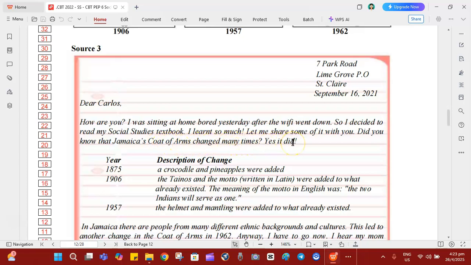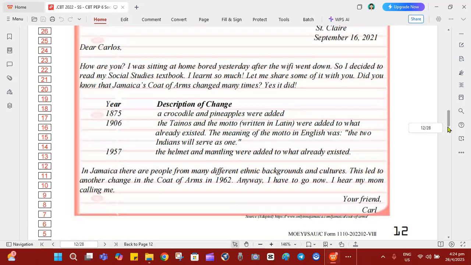Yes, it did. So here goes the year and the description of change. In 1875, a crocodile and pineapples were added. In 1906, the Tainos and the motto, written in Latin, were added to what already existed. The meaning of the motto in English was, the two Indians will serve as one. In 1957, the helmet and mantling were added to what already existed.